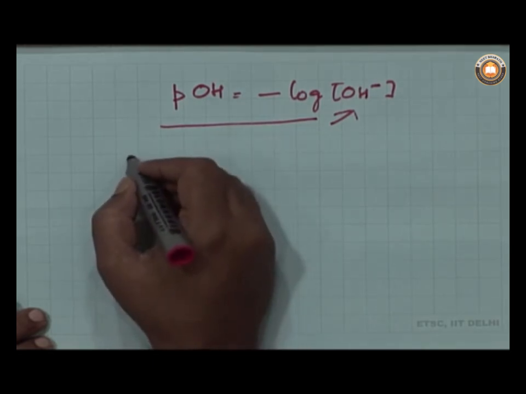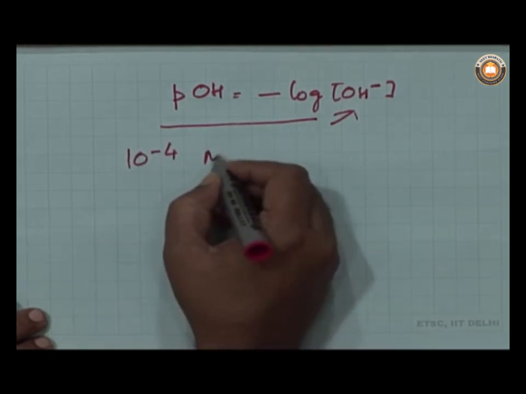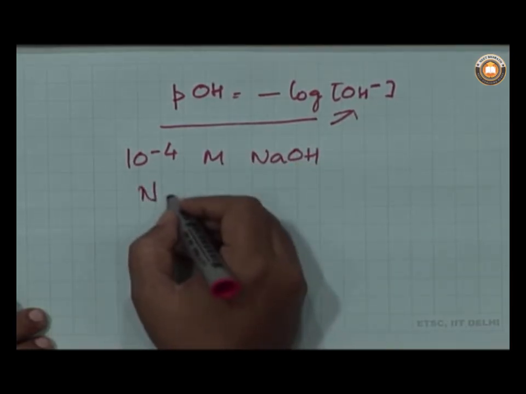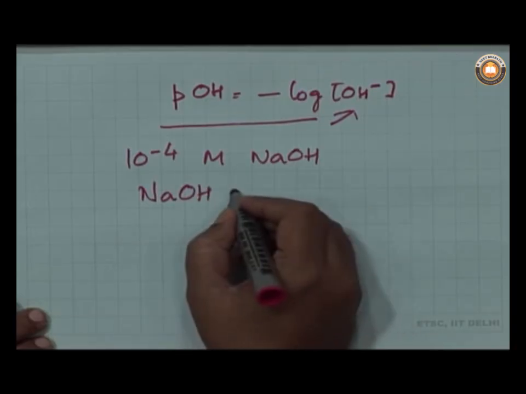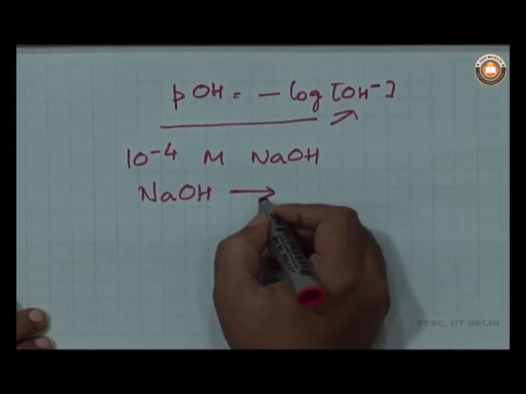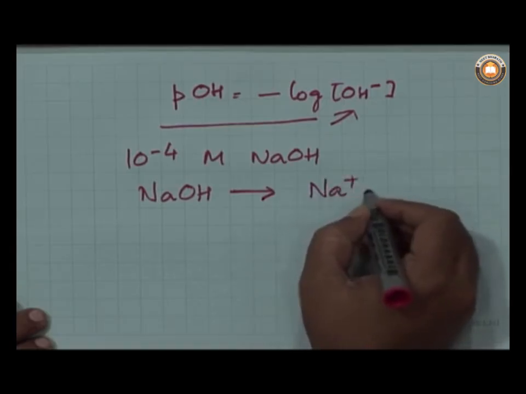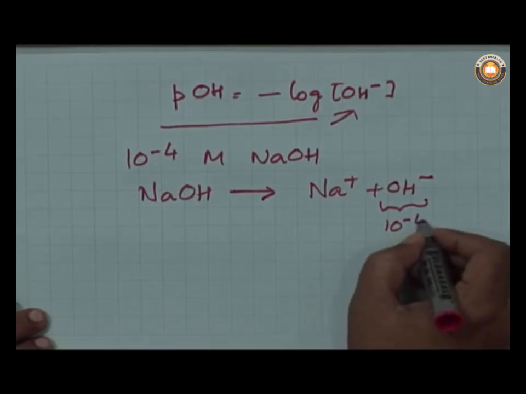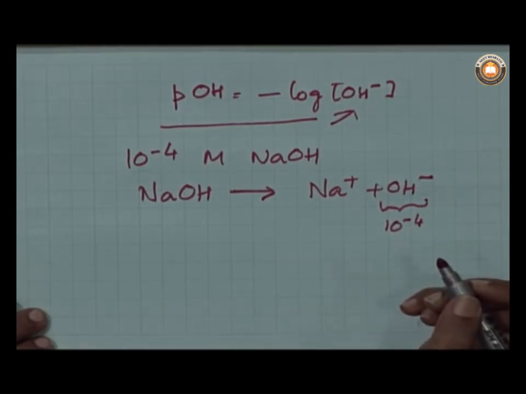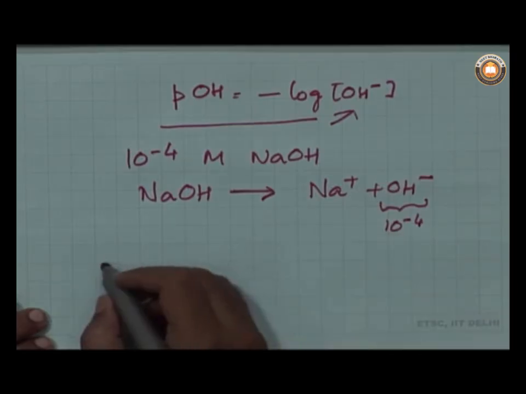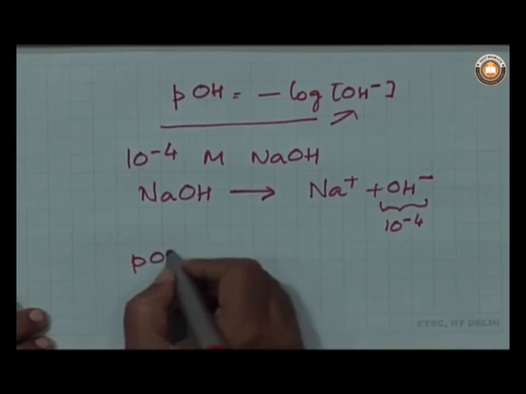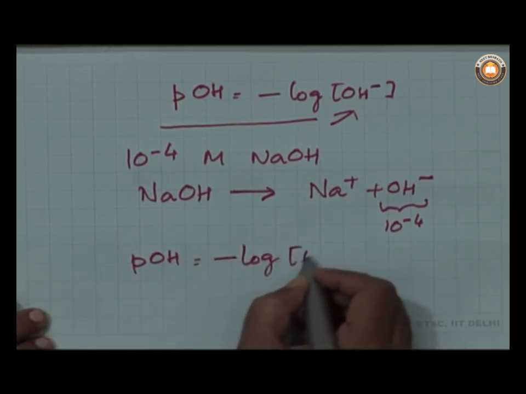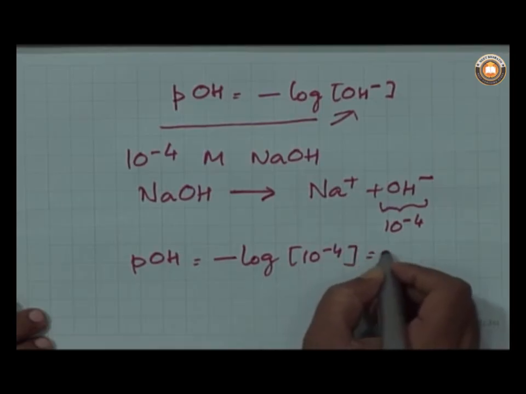Suppose we take around 10 to the power minus 4 molar sodium hydroxide solution. Sodium hydroxide will completely dissociate into sodium plus and OH minus. So, OH minus concentration is going to be 10 to the power minus 4 molar, and so pOH of the solution will be minus log 10 to the power minus 4, and that is equal to 4.